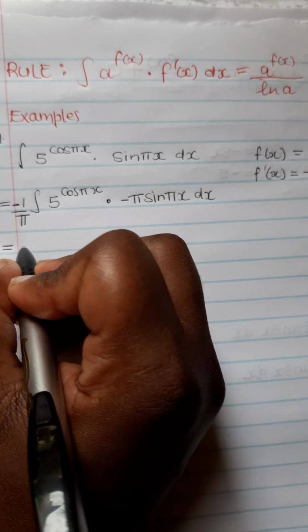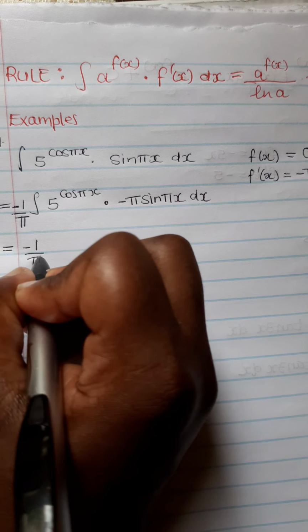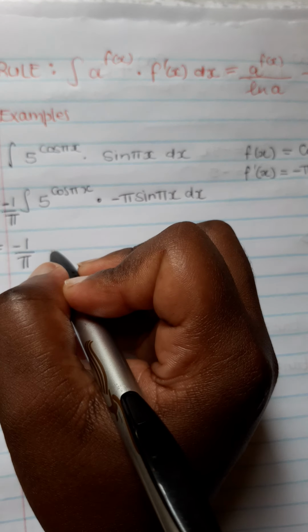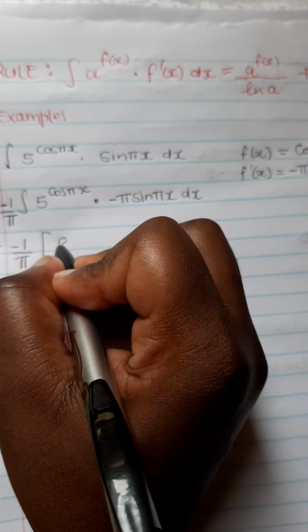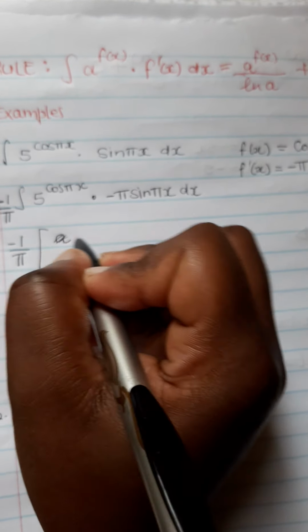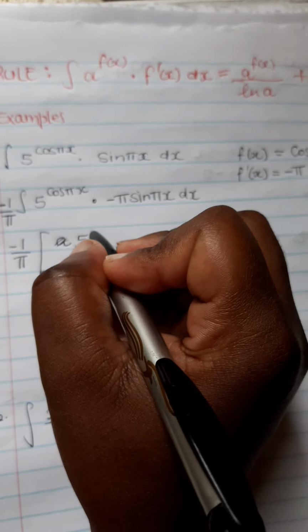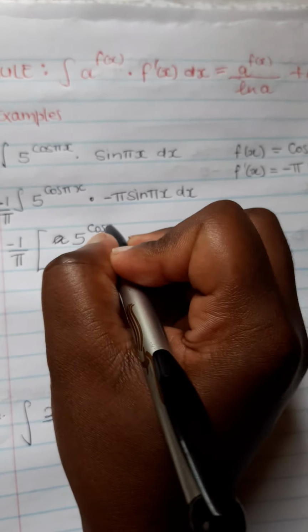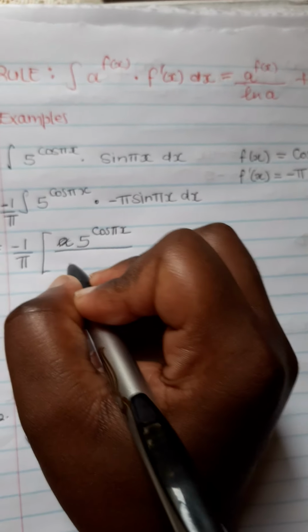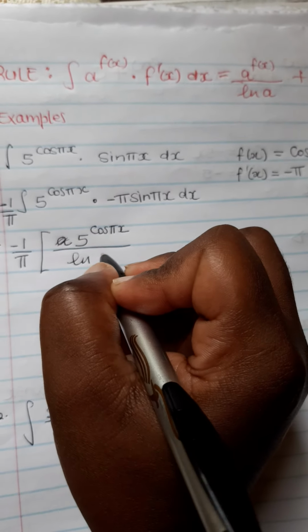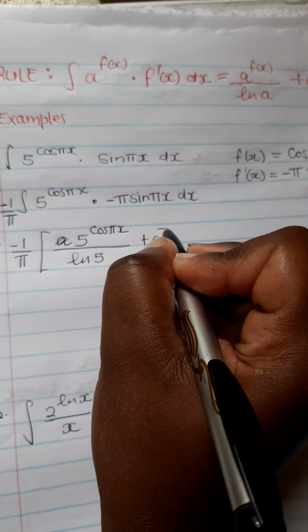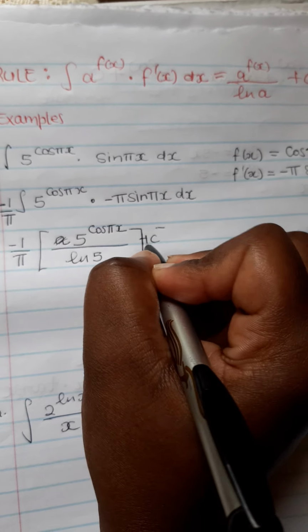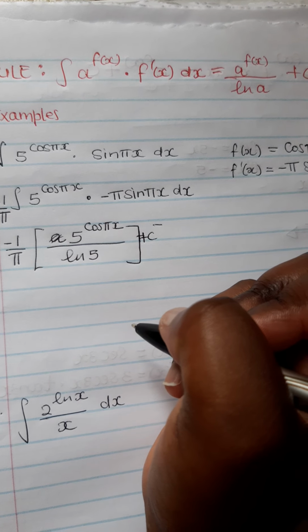Now, it satisfies the rule. We can apply it. So, it's negative 1 over pi times, let's do the square bracket, 5 to the power cos pi x all over ln of 5, close bracket, plus c, right?